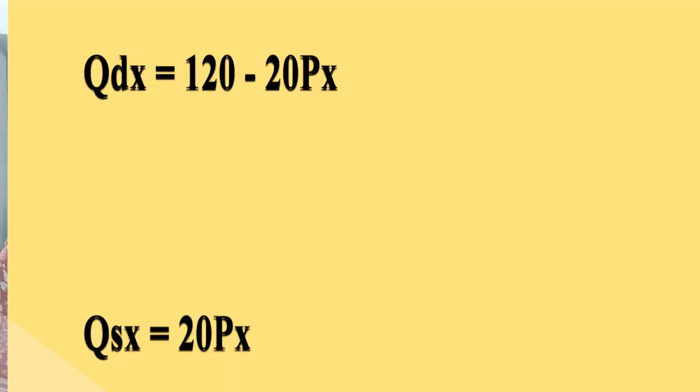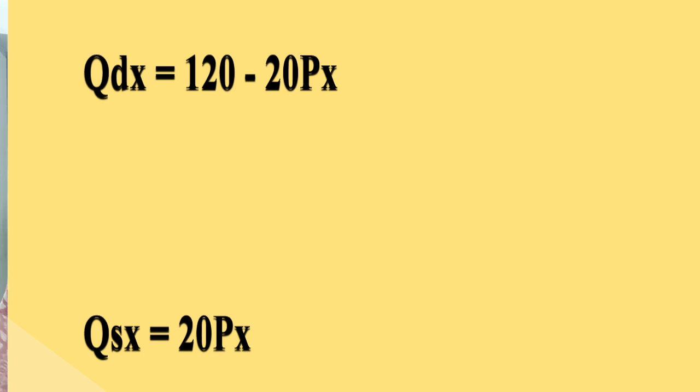This can be proved through a mathematical equation, that is, how equilibrium price and quantity are determined. Our demand function in this case is 120 minus 20Px, where Px is the price of the good, and the supply function is 20Px.